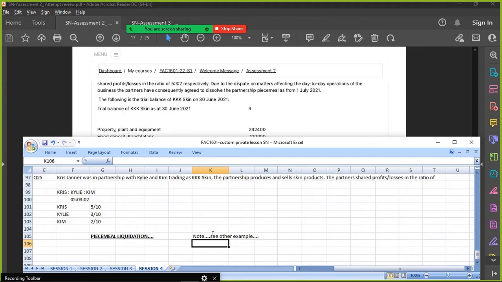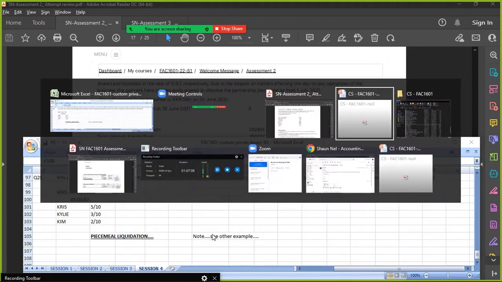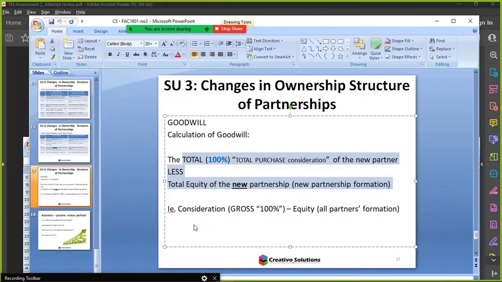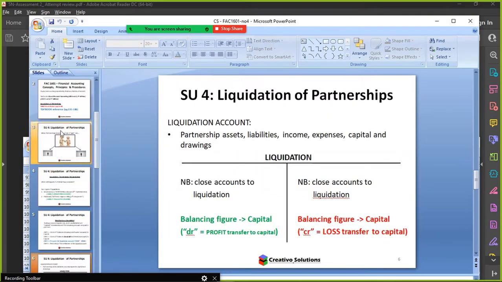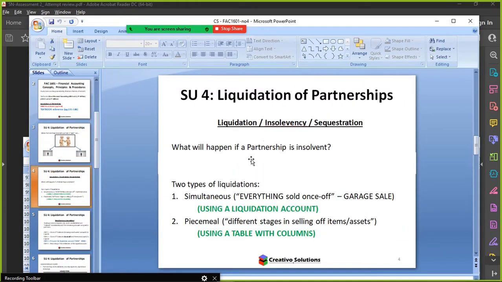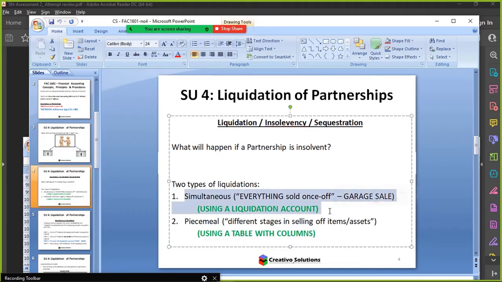When you have a liquidation, there's two different liquidations. There's this one, simultaneous, where everything is sold off. It's like a garage sale, and you use a liquidation account. So basically, you put everything into this liquidation account, you sell everything off, you get as much money as you possibly can, you pay everyone off, and then you go your separate ways.